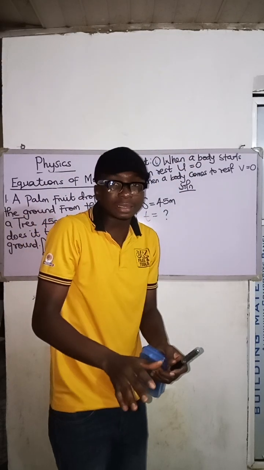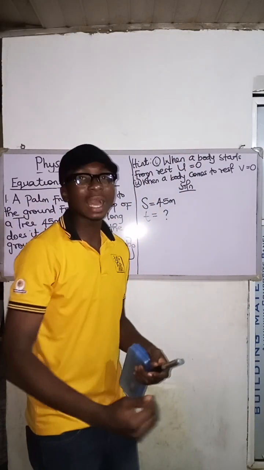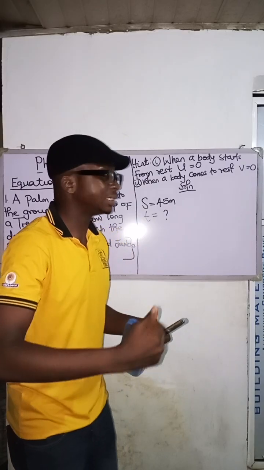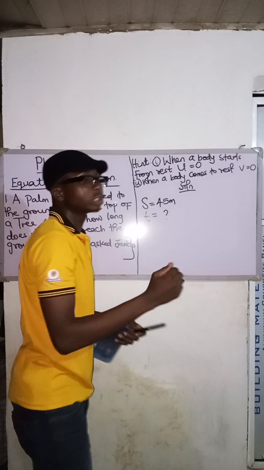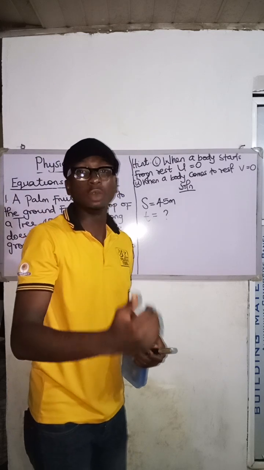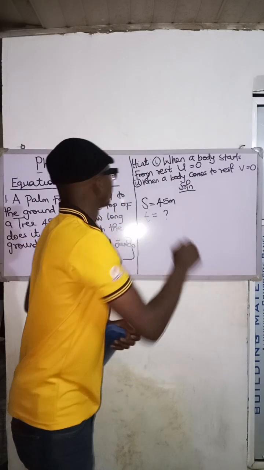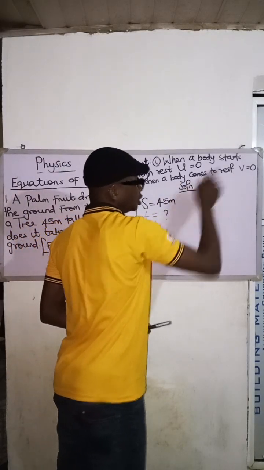When a car is parked, before it starts moving, that car is at rest. So if a car is at rest and it starts from rest, U is equal to 0. What is U? U stands for initial velocity. Alright, the initial velocity is equal to 0. But when a body comes to rest, V is equal to 0.